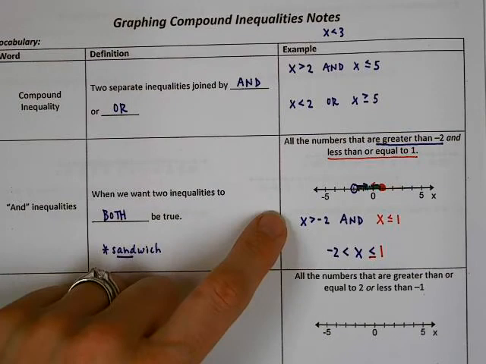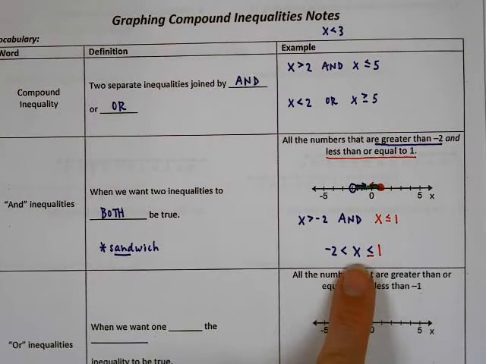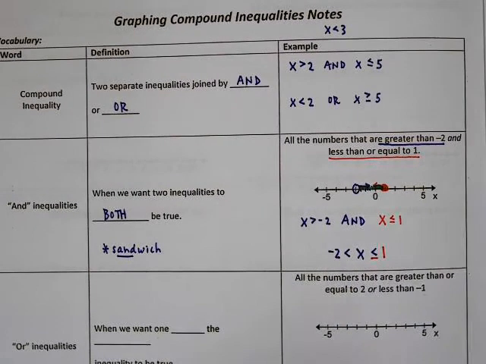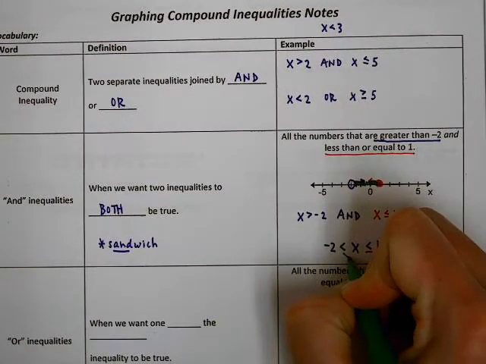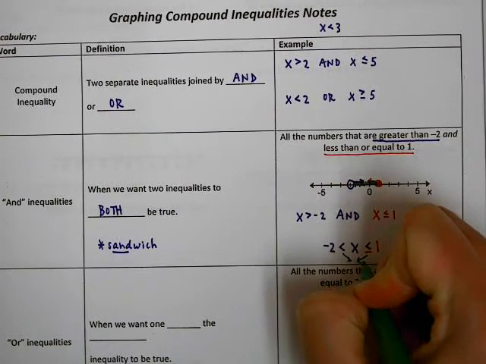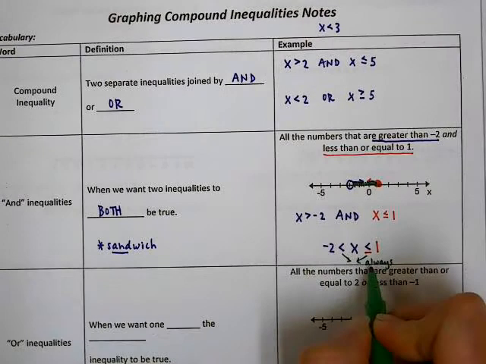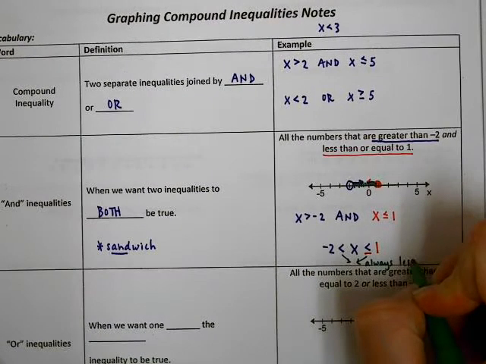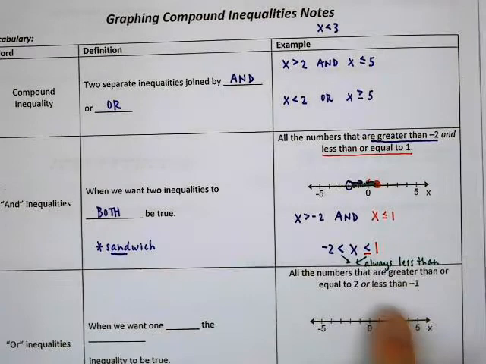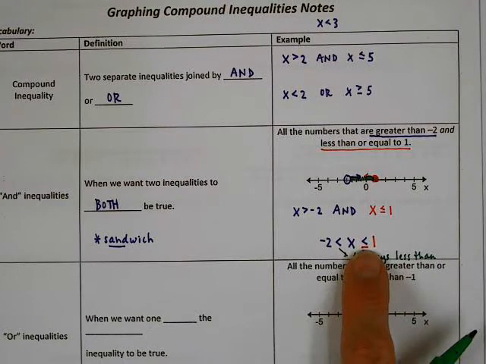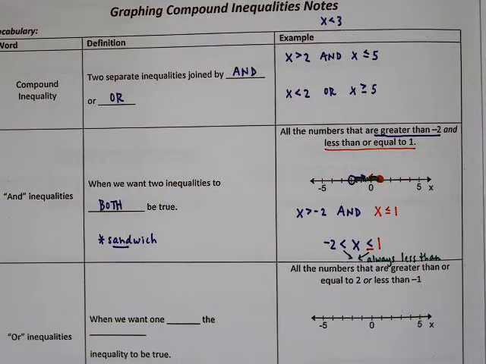More often than not, you're going to see ands looking like this, with the x sandwiched in between the two numbers on either end. The other thing I want to point out is these inequality symbols here are always going to be less than symbols. So you're always going to point them as less thans. The only change you might make is to use this bar underneath to show it's less than or equal to.